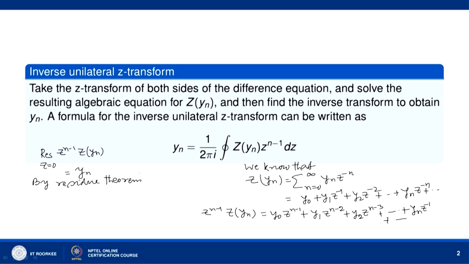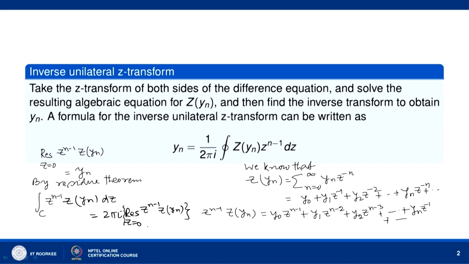Now, by residue theorem, if C is a simple closed curve in the region of convergence of Z of y n, then integral over C Z to the power n minus 1 Z of y n dz equal to 2 pi i into residue at Z equal to 0 of Z to the power n minus 1 Z of y n.